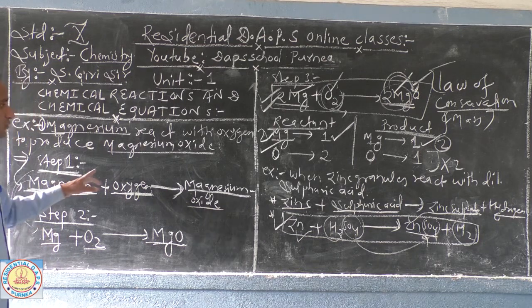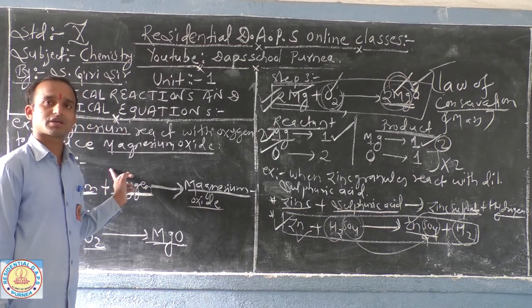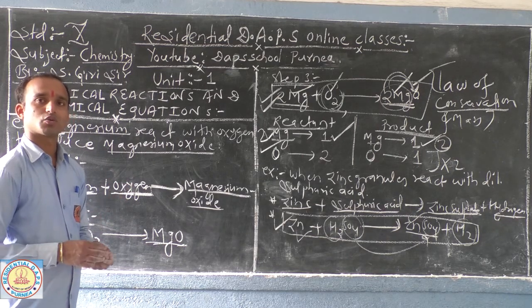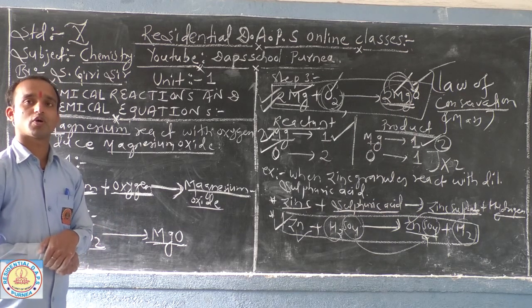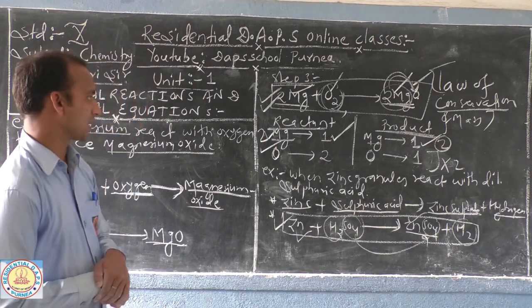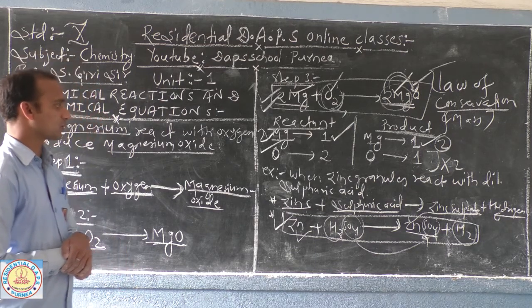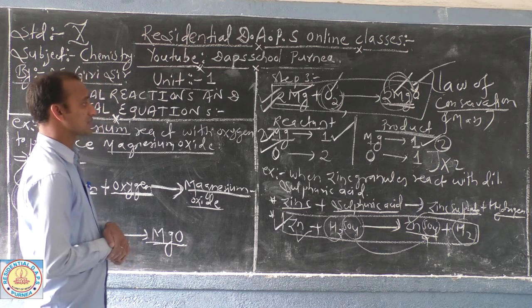So I think dear students, up to here you might be clear on what a chemical reaction is, some examples of chemical reactions, and the characteristics of chemical reactions. We discussed Activity 1.1, when magnesium ribbon is allowed to combust or react with oxygen, what happens, what the precautions are, and the nature of the magnesium oxide.